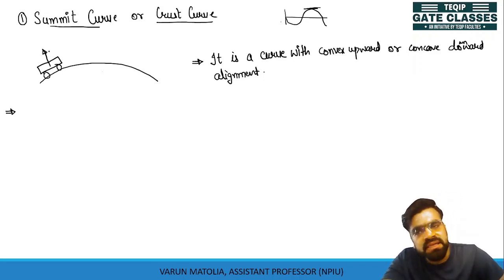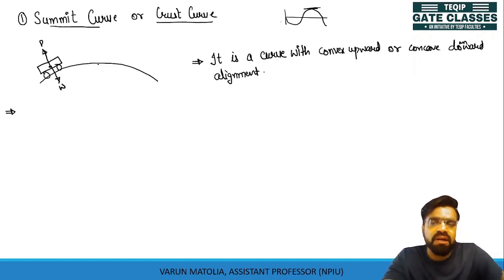So this will not create discomfort because there is a counteracting force, that is the weight of the vehicle. Wherever we are on this curve, we will not feel any discomfort because the centrifugal force will be balanced by the weight of the vehicle.